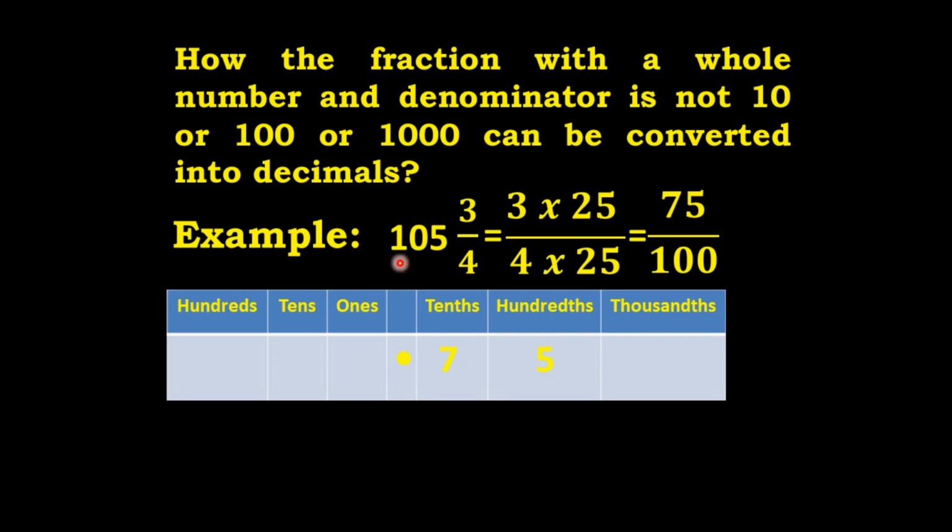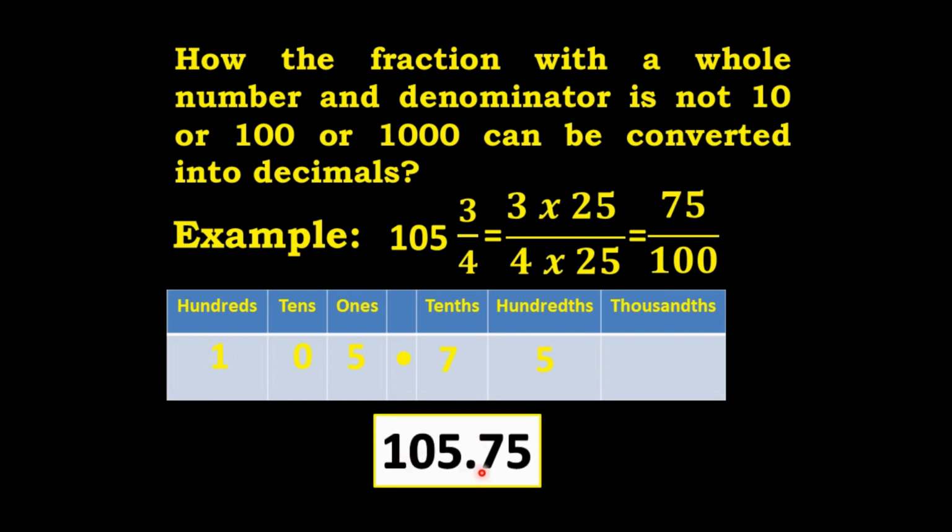Simply, we are going to place this whole number in the chart according to its place value. So 5 needs to be in the ones place, then 0 needs to be in the tens place, then 1 needs to be in the hundreds place. Okay, so meaning to say the decimal form of 105 and 3/4 is 105.75. So you have noticed here that the whole number we just copy and paste.